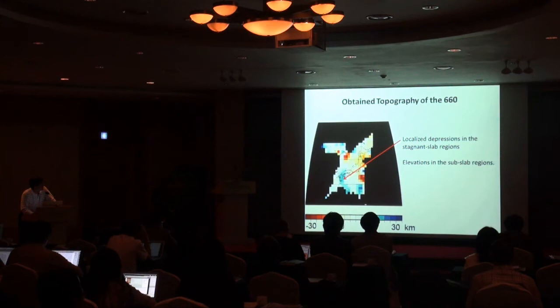The region in blue denotes the region with depression, and the red region denotes the region with 660 elevation. And we also see that what we call the subslab region is not normal, but we have some elevation of the 660. So we can see this is also an anomalous region.